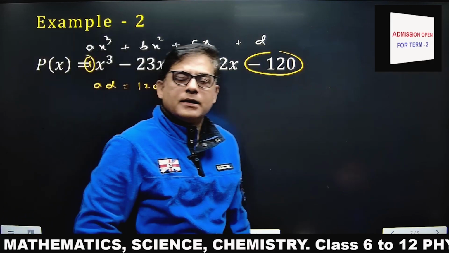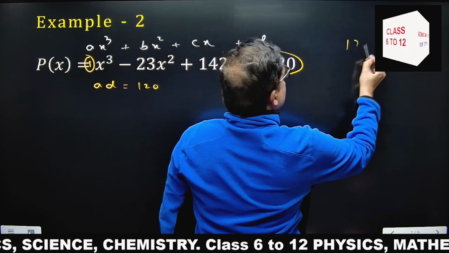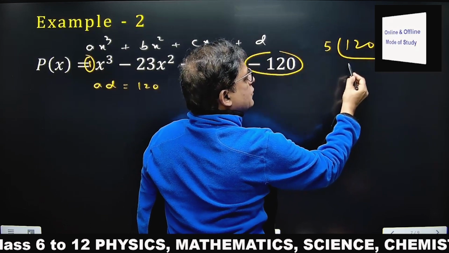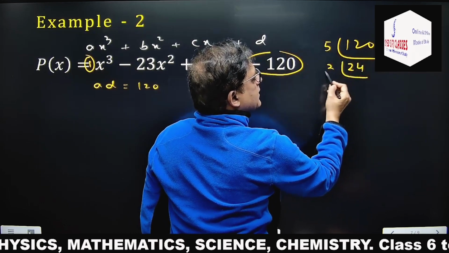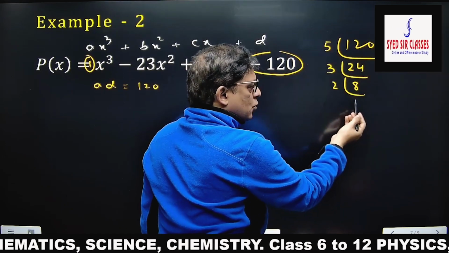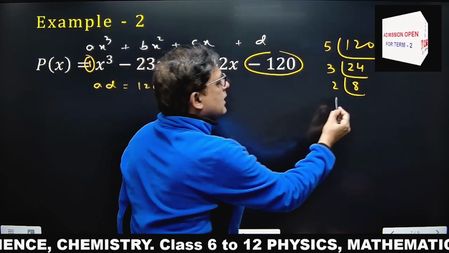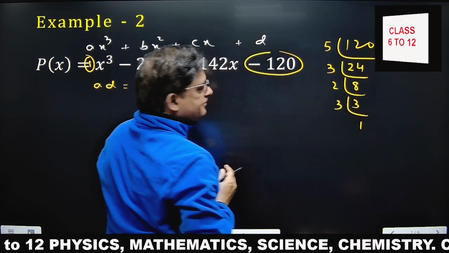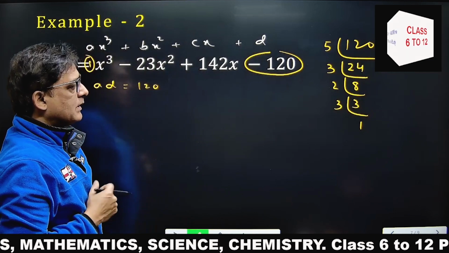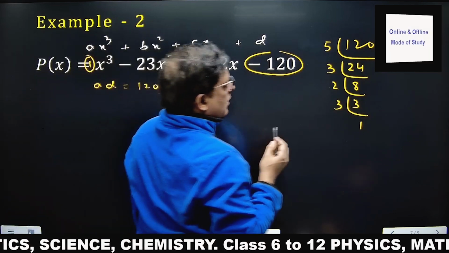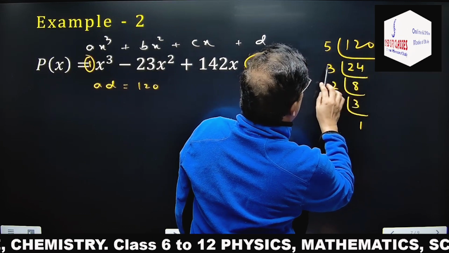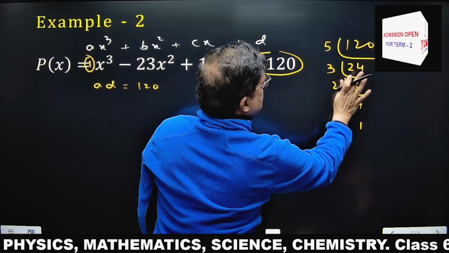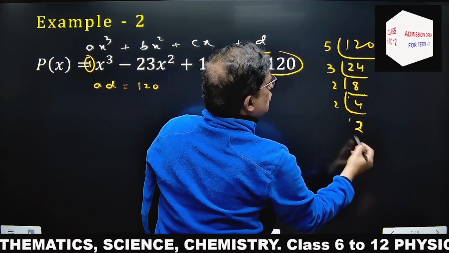Get factors of 120. When you get factors of 120 here, no doubt you will start with 5 into 24, then 3 into 8, 2 into 4, and then it comes out to be 2, 2, 2, 1.